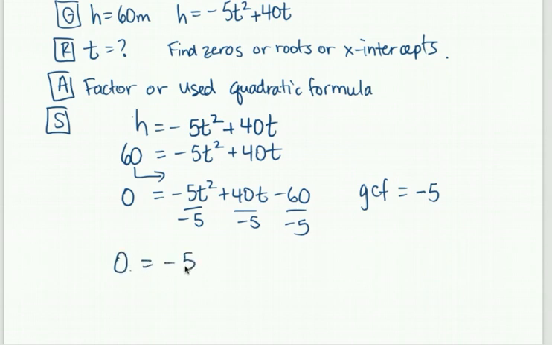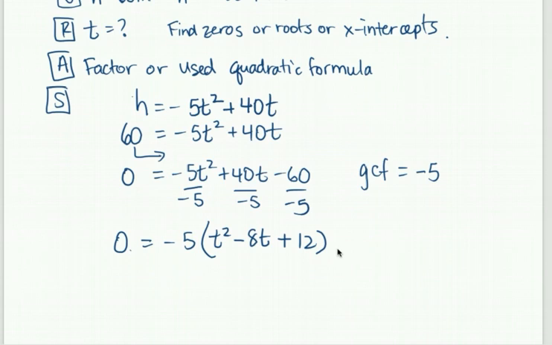Write your common factor out here, and then clean this up. Here two negatives made the 5s gone, so that leaves a t squared that's positive. Here positive 40 and -5 makes -8, and negative here makes positive 12.